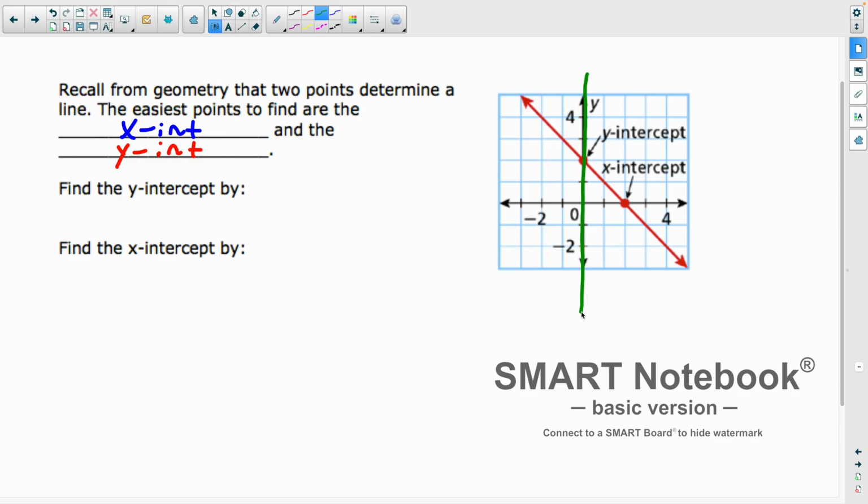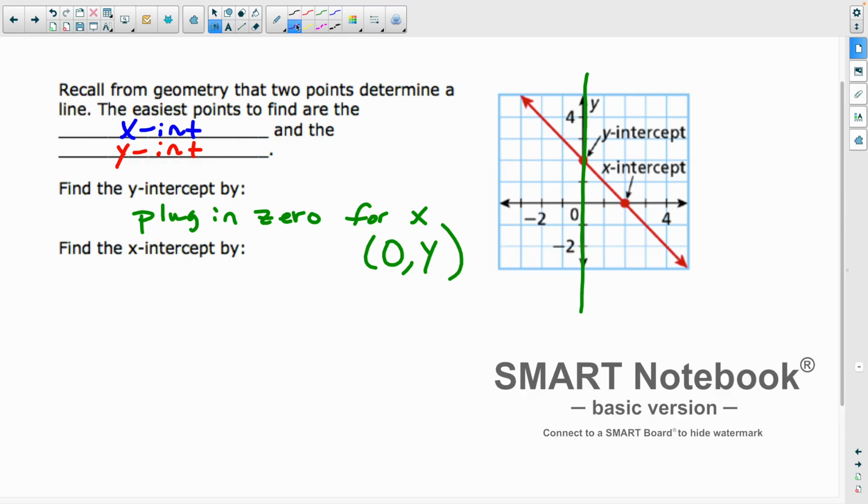For every point right here, X is 0. So if I'm looking to find the y-intercept, I'm going to plug in 0 for X. So my point would look like that, 0 and some y value, because 0 is my x, and then I'd get whatever y I have.